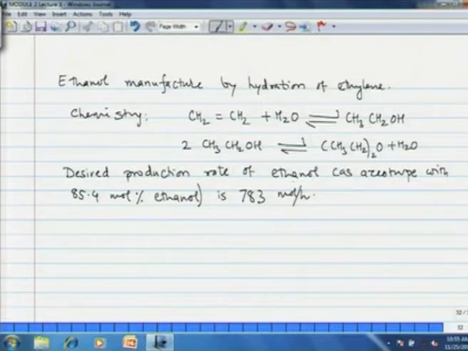Remember that ethanol is being produced as an azeotrope with 85.4% of ethanol. Now, let us try to draw the recycle structure of this particular process.